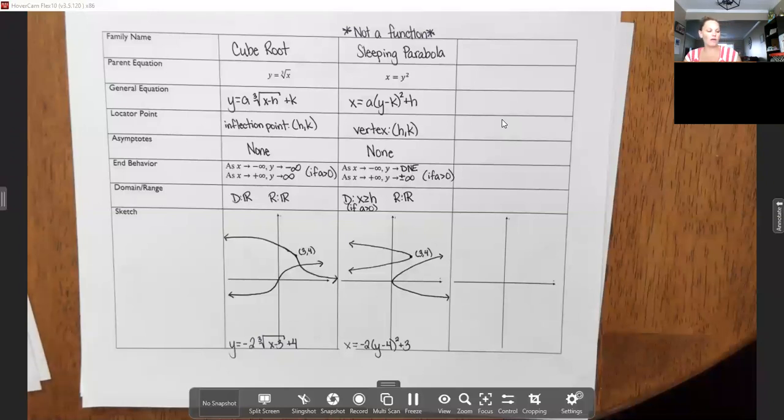And then for problem 2-91 and 92, we're going to do it as notes a little bit.